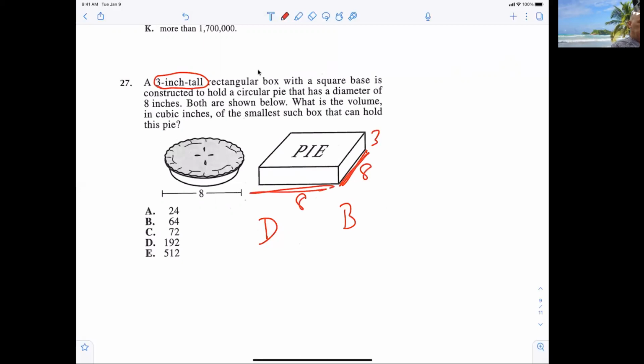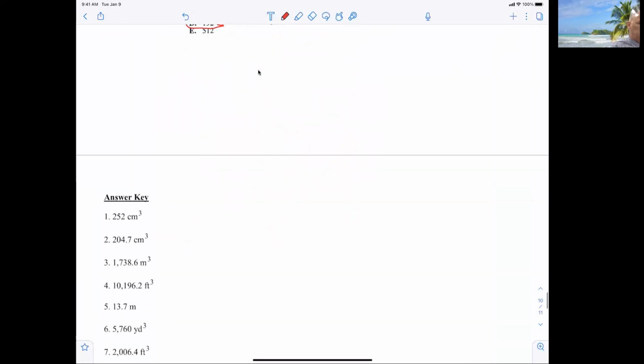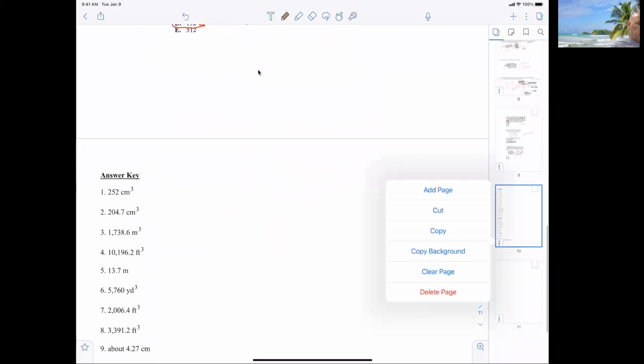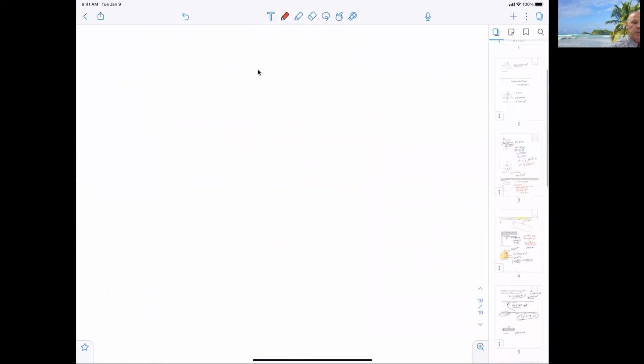Does everybody agree? 8 times 8 times 3 would be the volume of the box, which is, I think, 192. Everybody okay with that? Now you can see why that answer page had nothing to do with it. So I'm pretty happy with that.